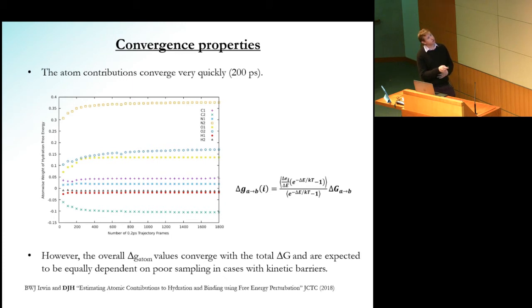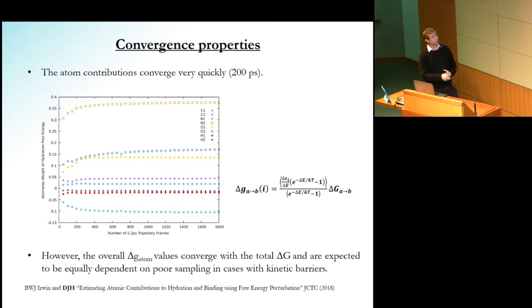Some nice properties of this as well. When you're calculating these contributions, they converge extremely quickly because you're just looking at an individual atom in the system. Even after about 200 picoseconds, these can converge. I should warn that this is just for solvation, where there are no major kinetic barriers.